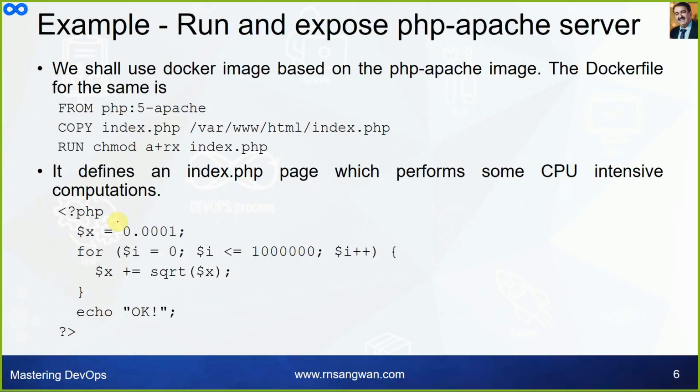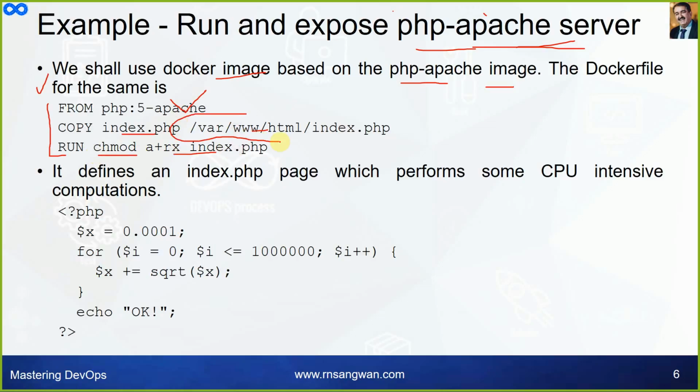This is an example: run and expose a PHP Apache web server. We were lucky to get a ready image with some meaningful code inside it, and we can put some load on the cluster and try that. We shall use a Docker image based on this PHP Apache image. The Dockerfile of this image installs PHP Apache, index.php, and changes the permissions of index.php.